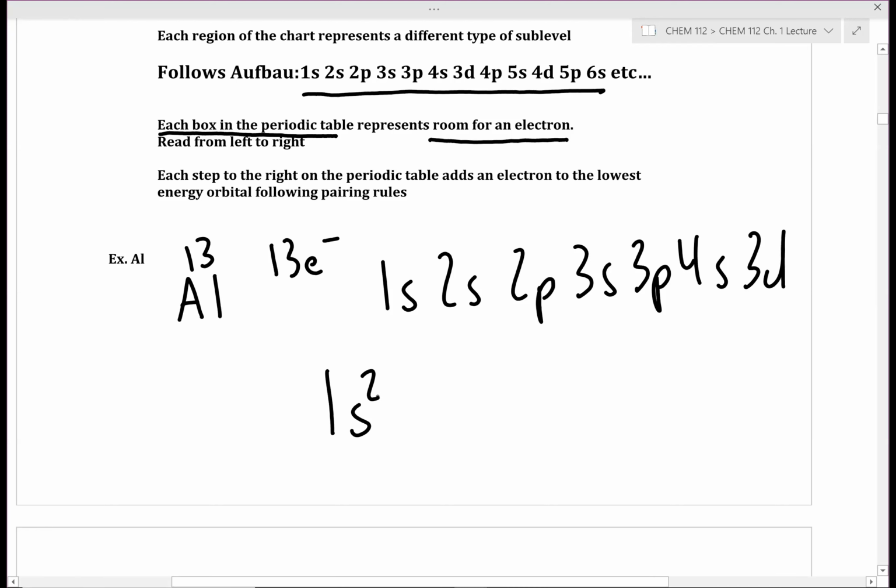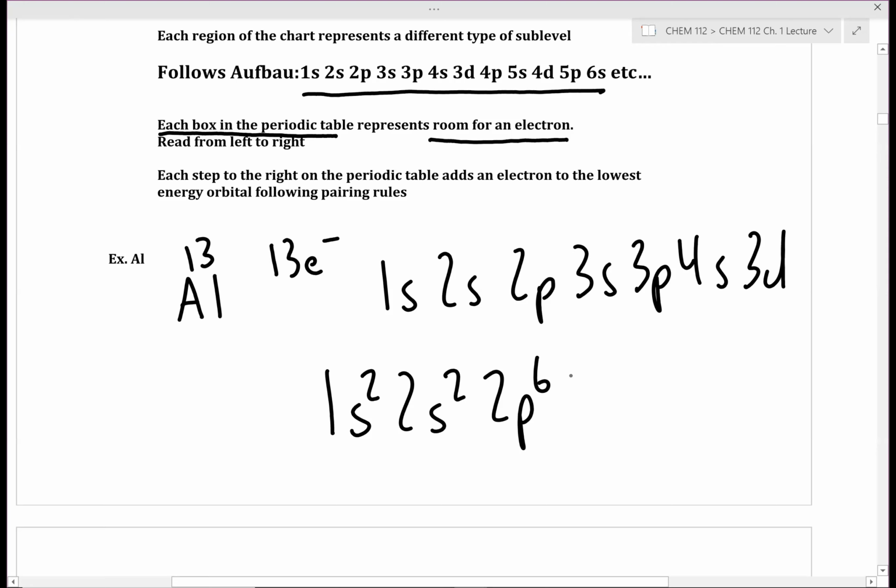What's the next highest energy orbital? 2s. So we still have electrons to spare, so we take our 2s orbital, and how many electrons can it accommodate? 2. What's the next highest energy orbital? 2p. And how many electrons can the p orbitals in total accommodate? 6.